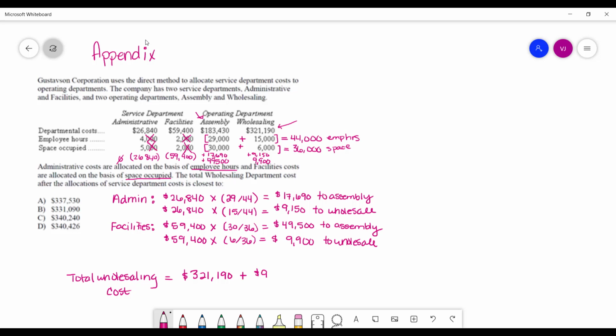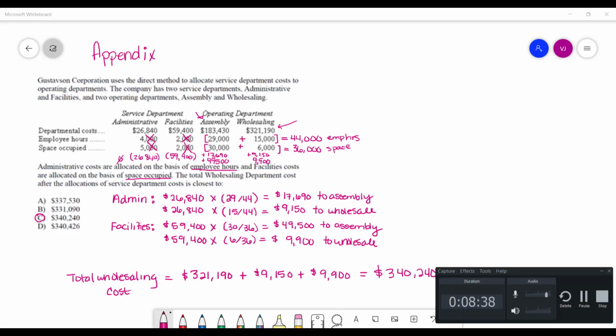We added $9,150 from the administrative service department cost, and we added $9,900 of facilities costs to that department. So overall, the total costs within that wholesaling operating department comes out to $340,240. So that is C, I believe this is the second to last question in that practice exam.